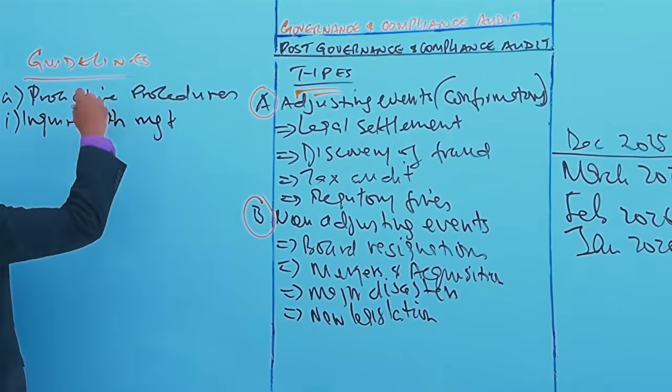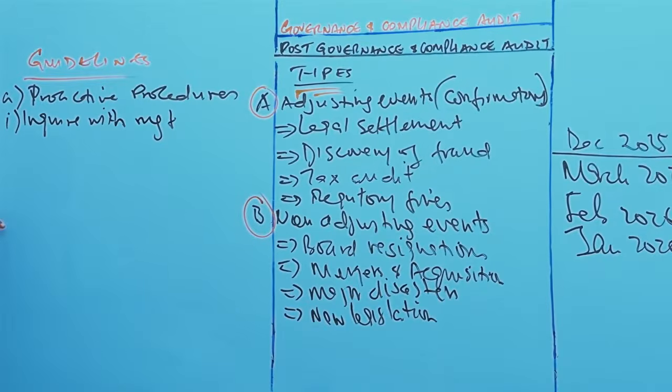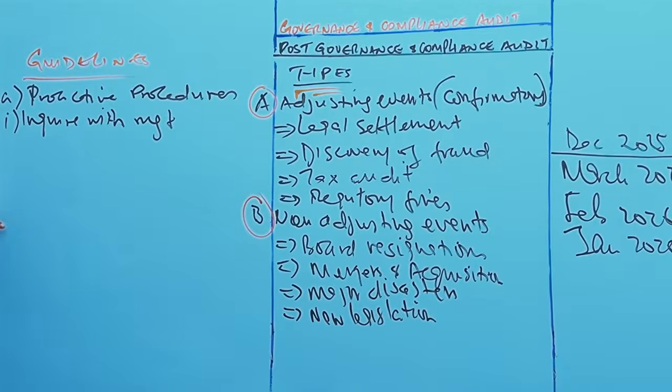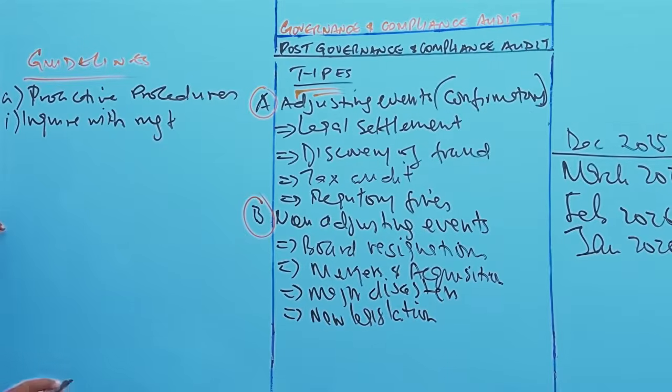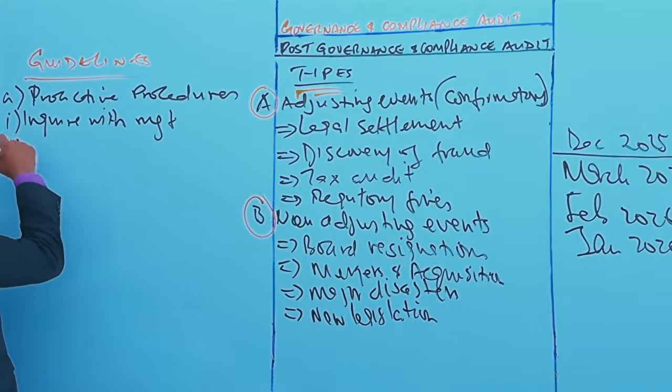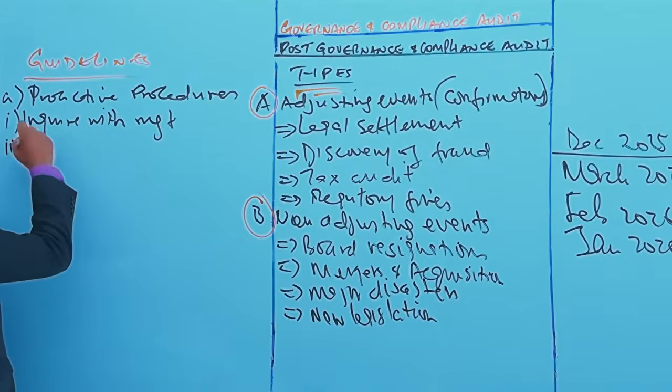And what are you inquiring about? You need to specifically ask the CEO or the company secretary if any material non-compliance has occurred since the fieldwork ended. Then you become proactive another way through reading.